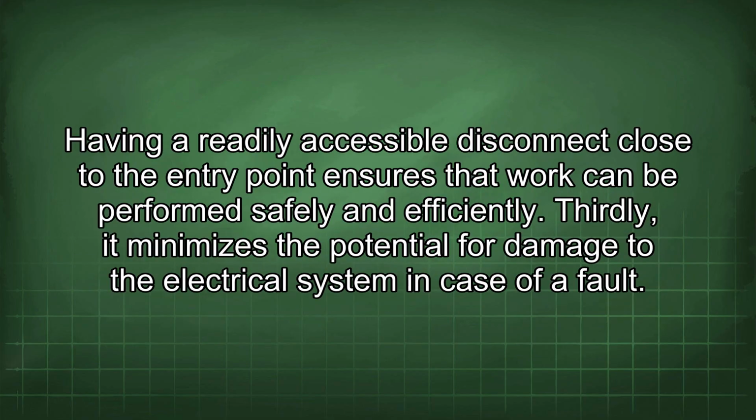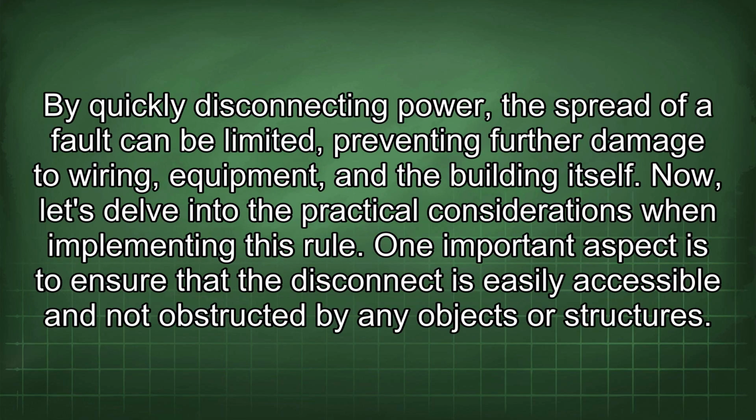Having a readily accessible disconnect close to the entry point ensures that work can be performed safely and efficiently. Thirdly, it minimizes the potential for damage to the electrical system in case of a fault. By quickly disconnecting power, the spread of a fault can be limited, preventing further damage to wiring, equipment, and the building itself.